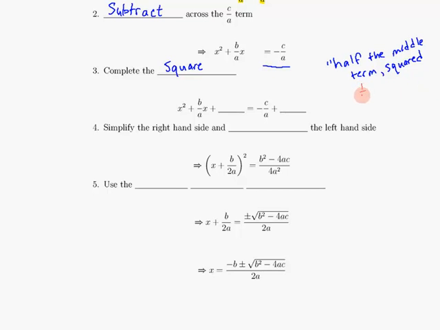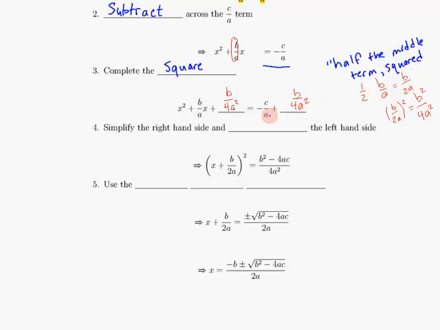So we're going to take 1/2 of b over a, this middle term here, which gives us b over 2a. Then we're going to square that. b over 2a squared is b squared over 4a squared, squaring both factors in the denominator. That's what I'm going to add to both sides. So b squared over 4a squared, b squared over 4a squared.